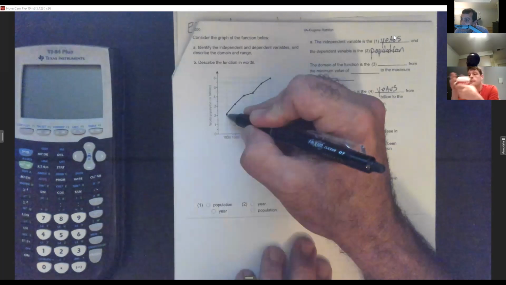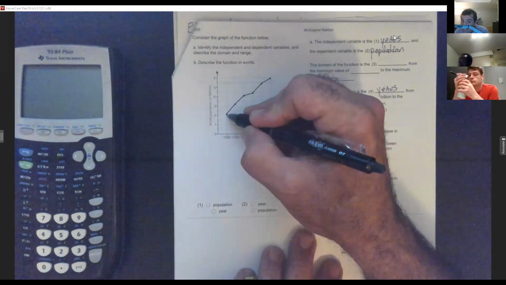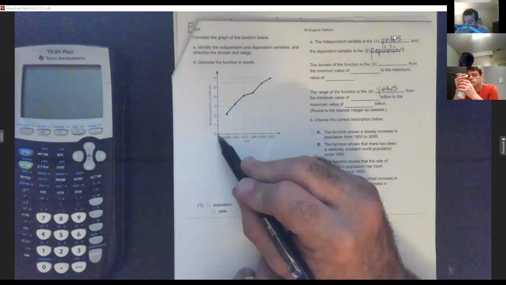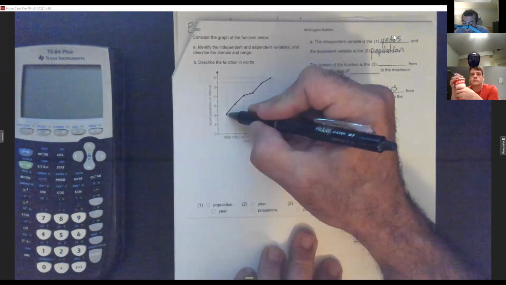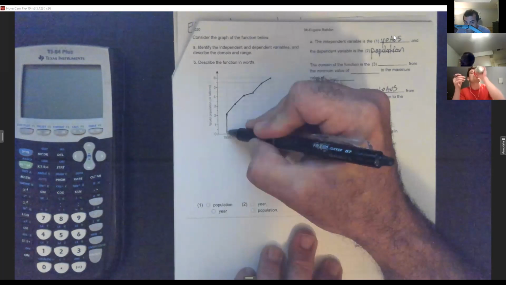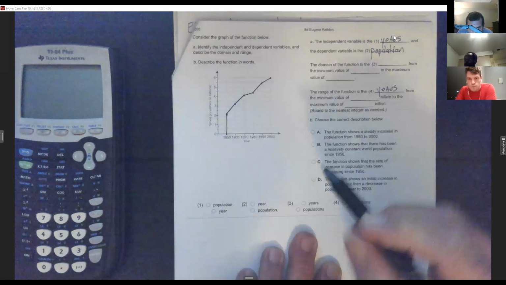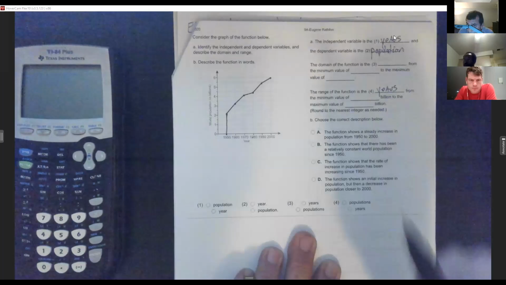You got to start right there with your domain, okay? You can't start over here at the 0, although there's a 0 on that x-axis. You got to find out what's the x value of that first point. And if I look at that, what does that look like? 1950.